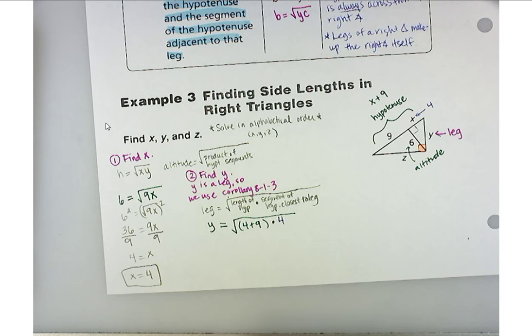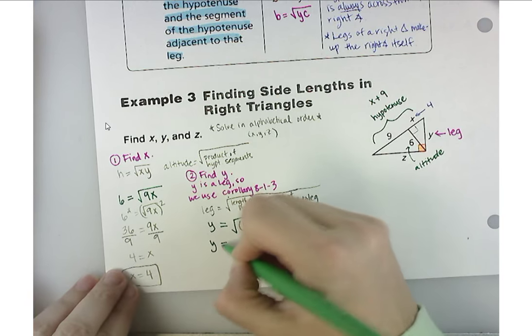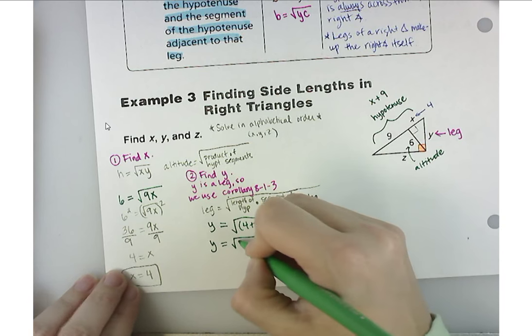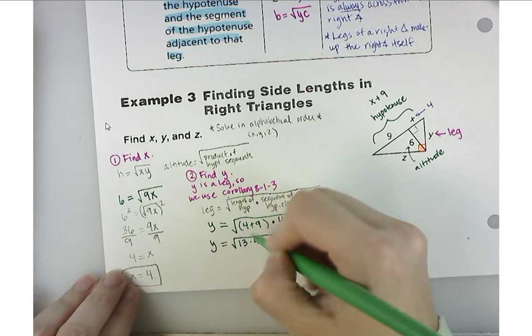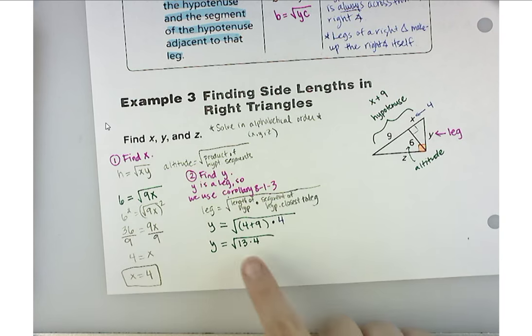I'm going to do z in a little bit, and I want you to think about how we would set that up. Okay, so this will be 13 times 4. Right? Now, normally, what I would do is I would multiply that out, but you're trying to write this in simplest form.